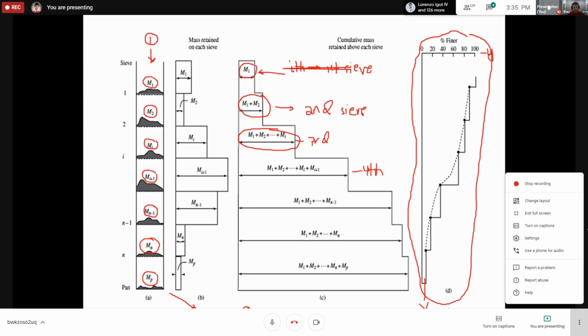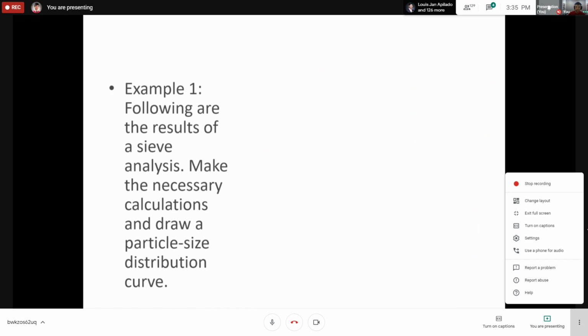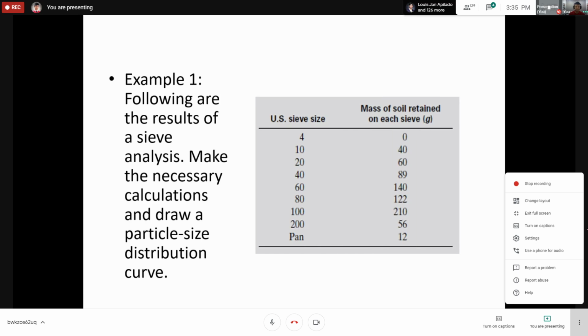Okay? So let's try to solve an example. Usually in the laboratory, but in lecture the data is simply given, we assume that the experiment has already been made. So we just process the data that was obtained in the laboratory.